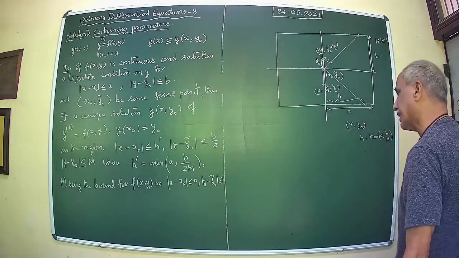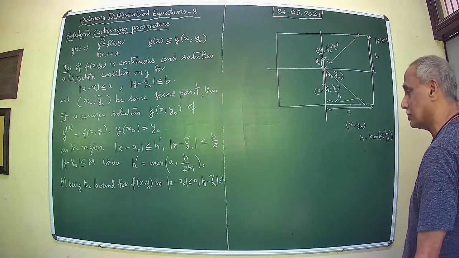What is the interval on which you can certainly assert that there is a solution?